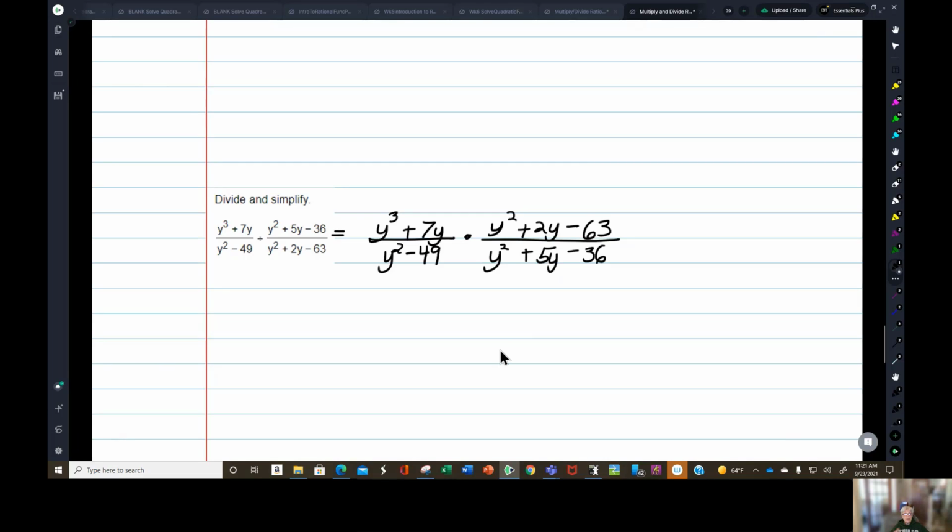Okay, so thinking strategy first. I know that y cubed is y times y times y. So both of these terms contain a y. I'll be factoring this by GCF. y squared minus 49 is going to be factored by the difference of squares because 49 is 7 squared.